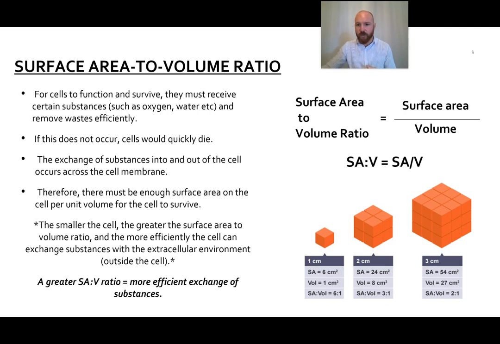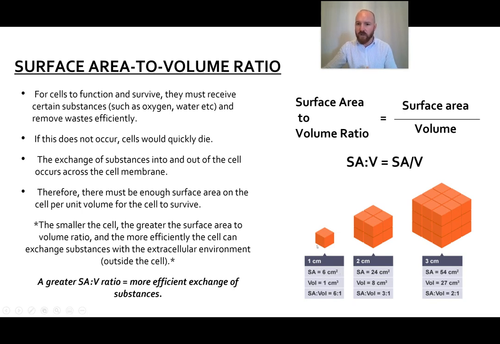The idea here, I'm going to talk to this diagram down here, can be demonstrated by how we can put together these 1 centimeter cubes. We can see here that a 1 centimeter cube has 1, 2, 3, 4, 5, 6 faces, so we're going to have a surface area of 6 centimeters squared.